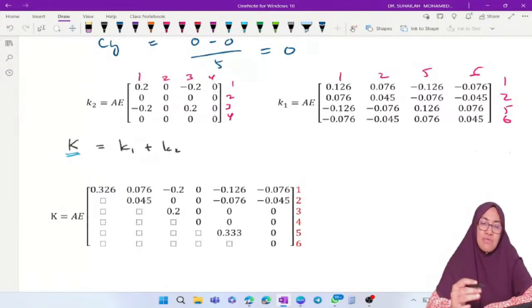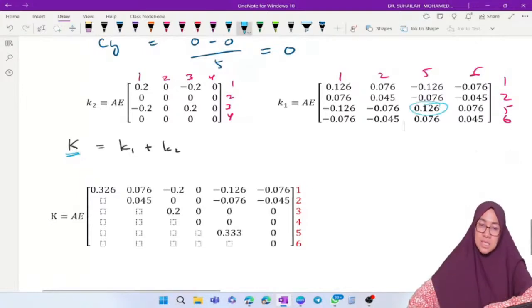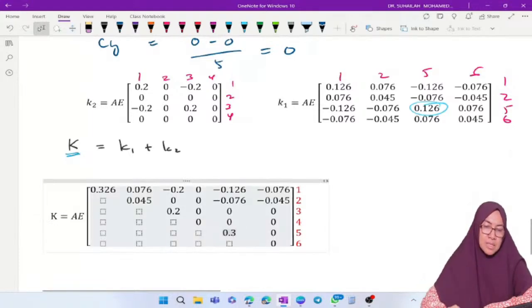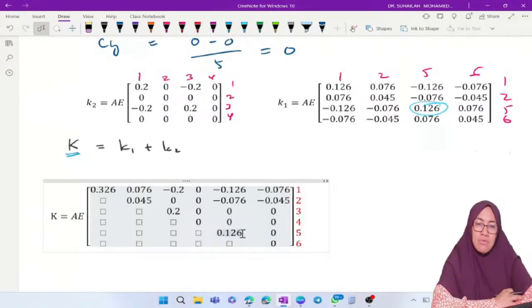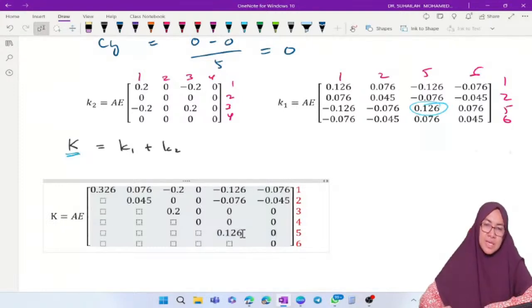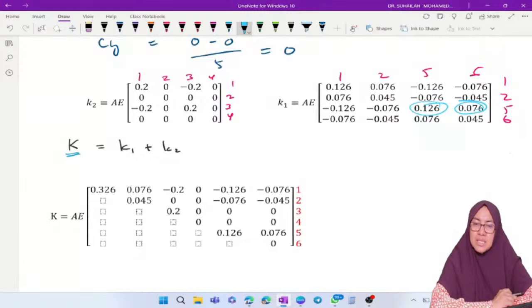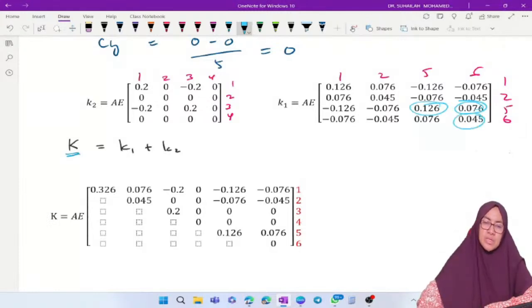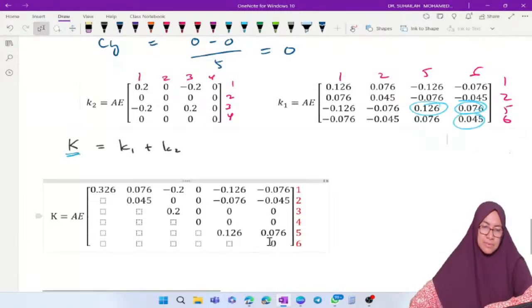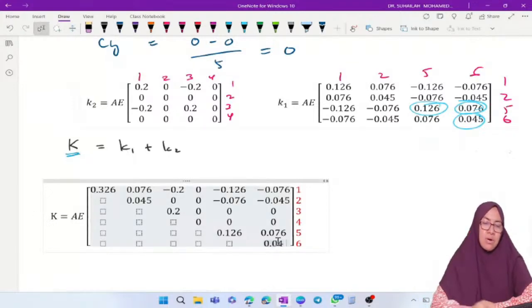Next is 5, 5, which is 0.126. 5, 6 is 0.076. And 6, 6 is 0.045.